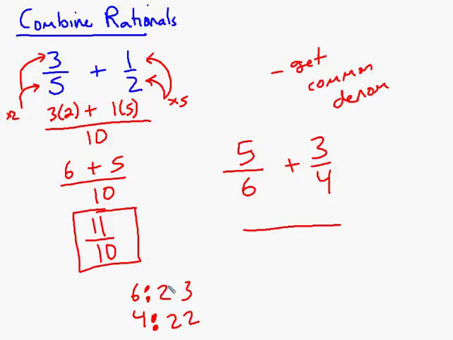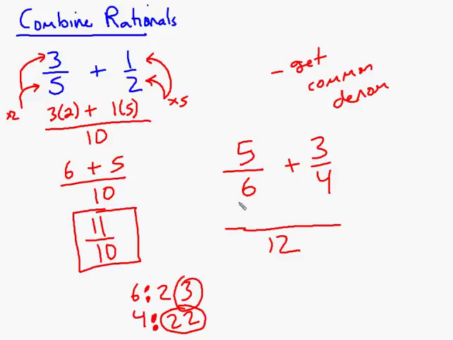When you do least common multiple, you take all the combinations. This 4 has 2 2s, so I need those. And this 6 has a 3. So my least common denominator would be those all multiplied, so I get a 12. That's the least common denominator. 24 works, but then I have to reduce in the end.